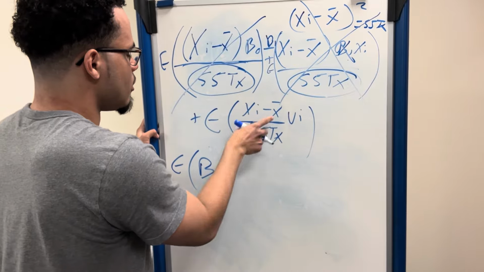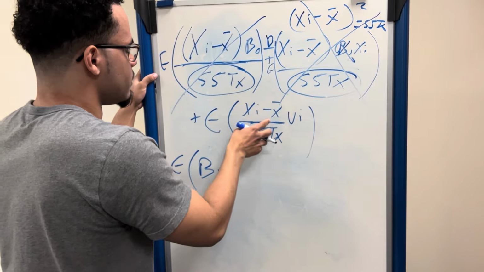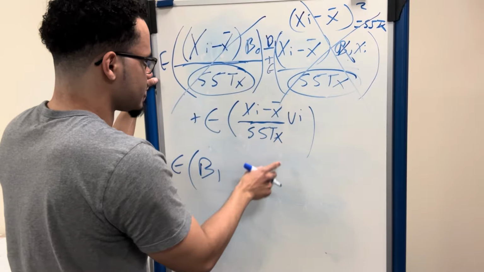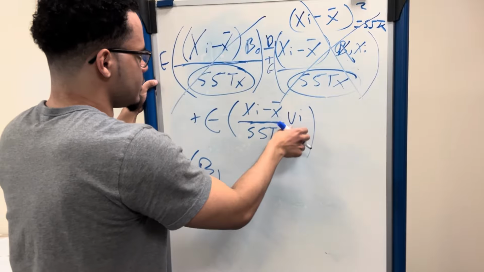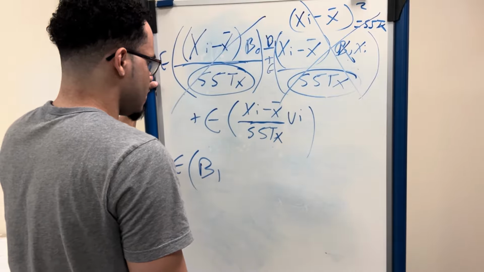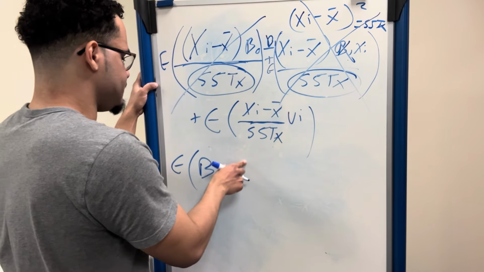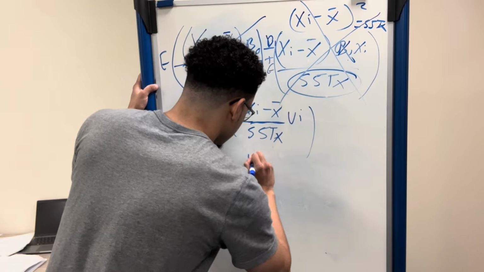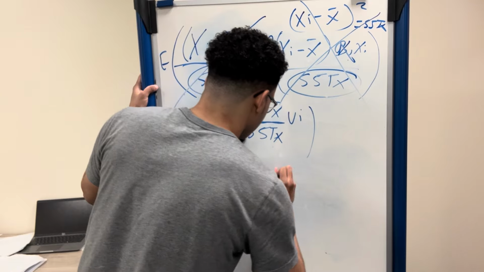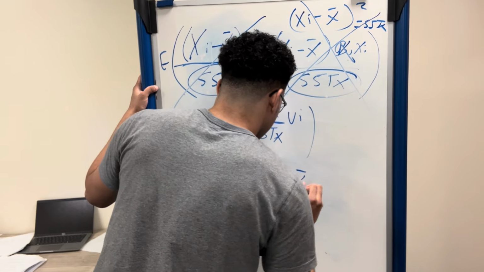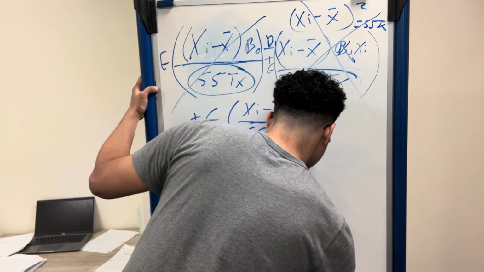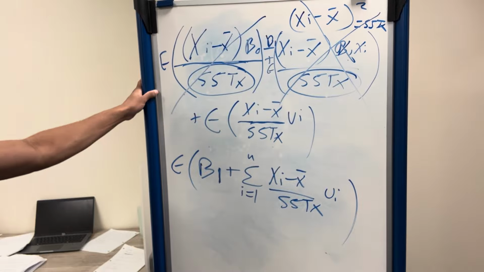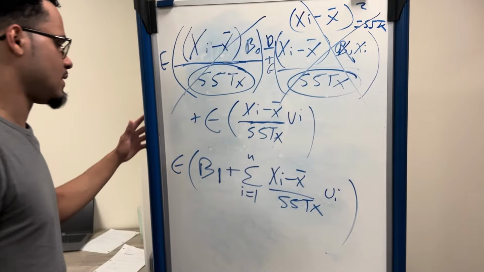And then over here, we have the expected value of this, right? So we have xi minus x bar over SST of x and ui, which is just moved down. We want to account for this ui, so we're going to take the expected value of this whole thing.